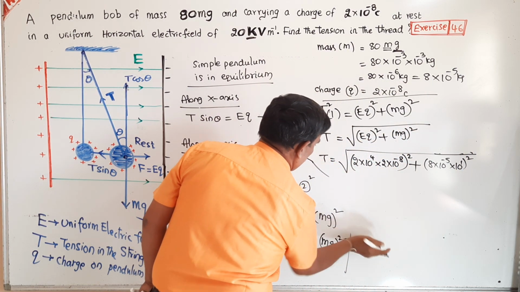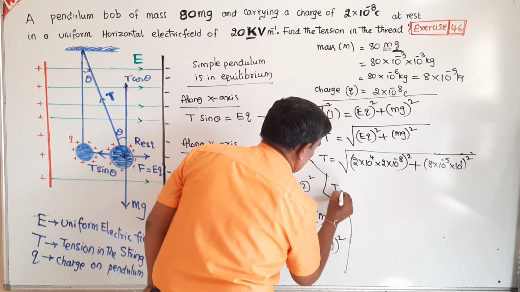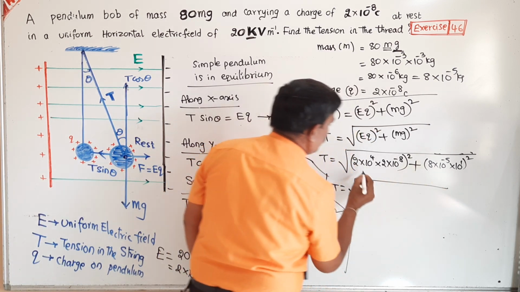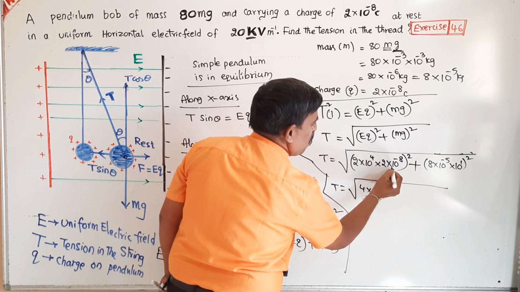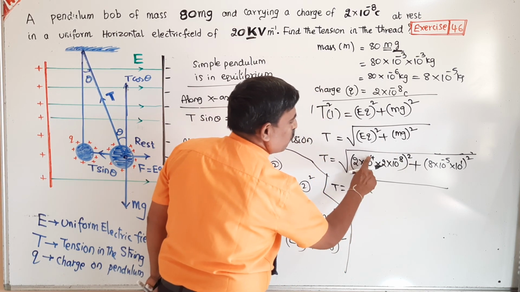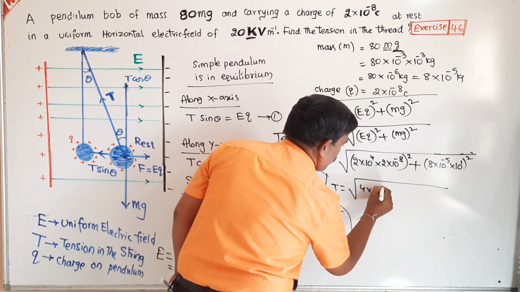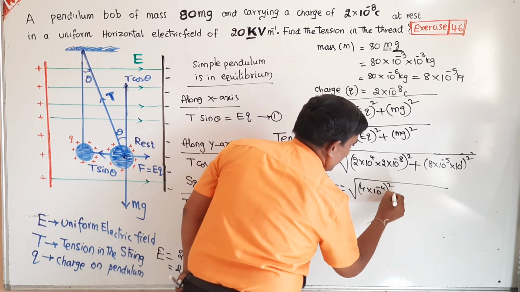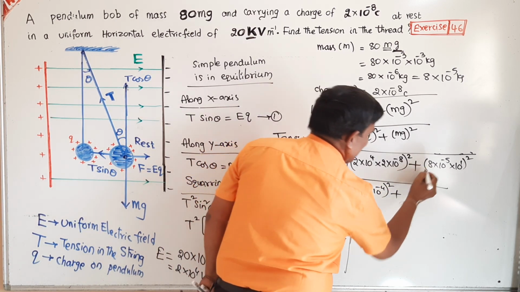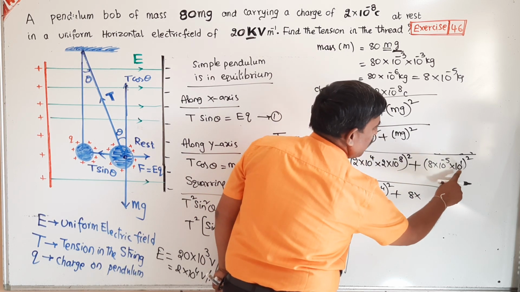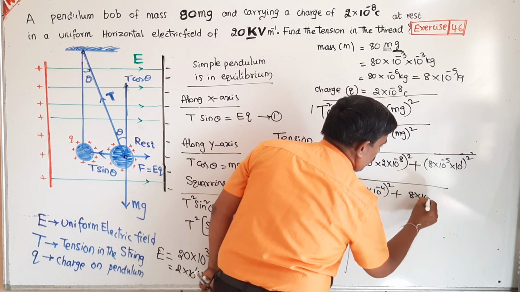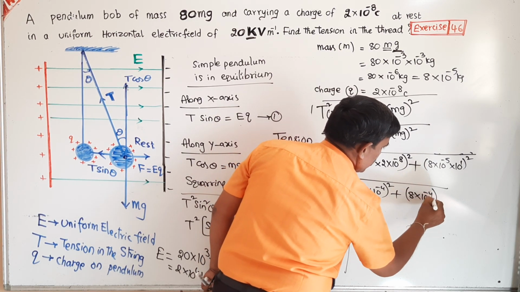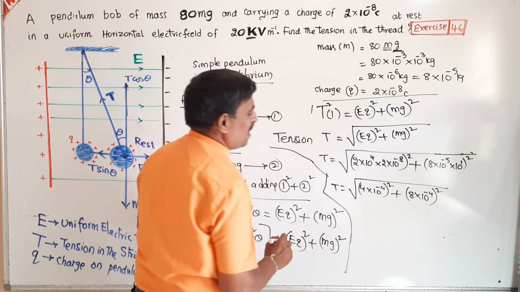T is equal to under root of 2 into 2, 4 into 10 power 4 into 10 power minus 8, that is 10 power minus 4, square, plus 8 into 10 power 1 into 10 power minus 5, that is 10 power minus 4, square.